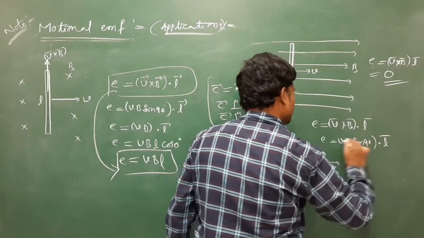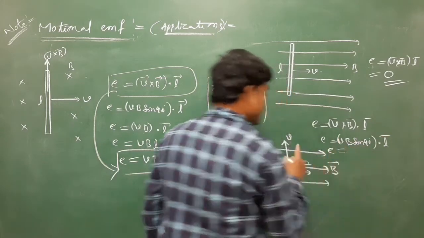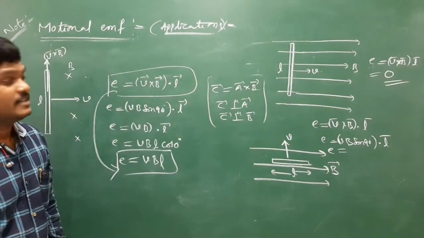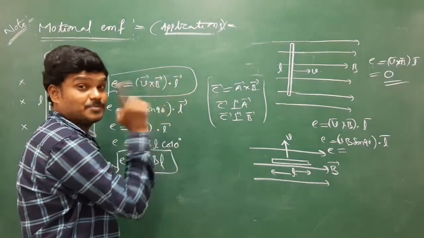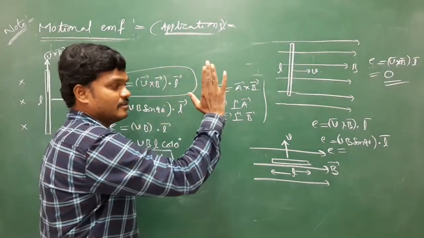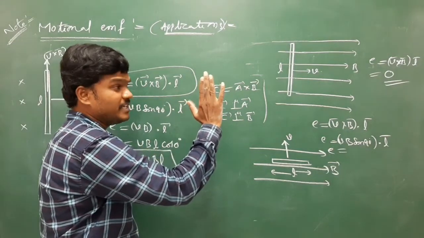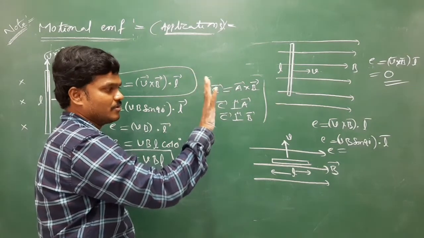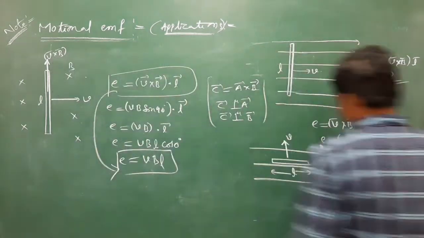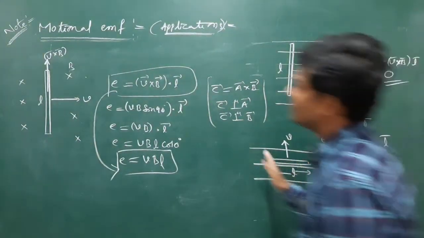But what is the direction of V cross B? The direction of V cross B is important. Use the cross product rule. V is upward, B is this side. Here is how I followed.